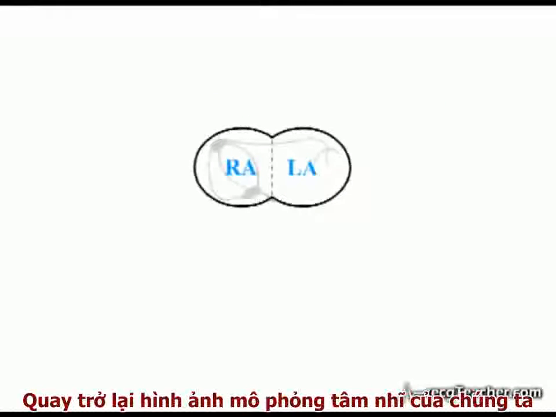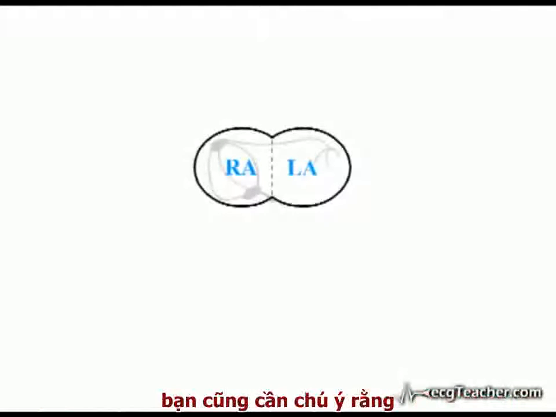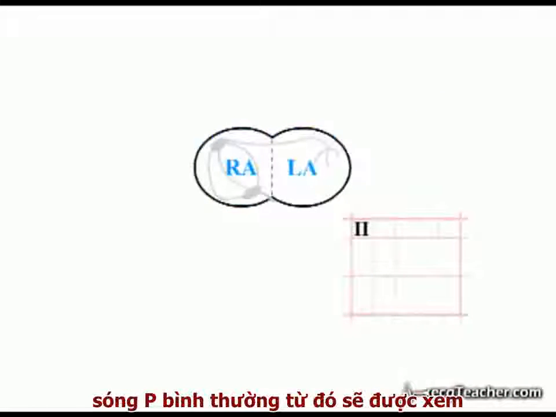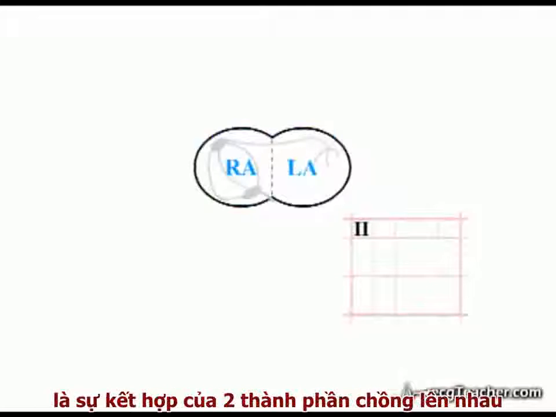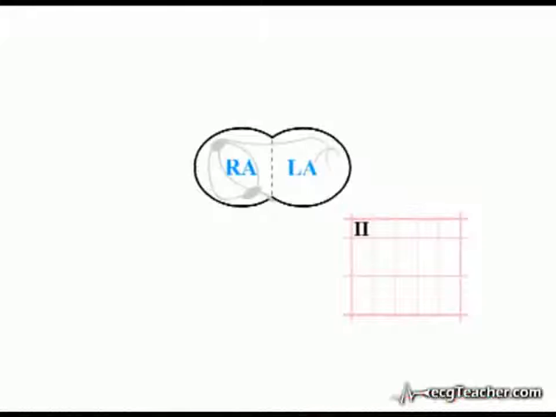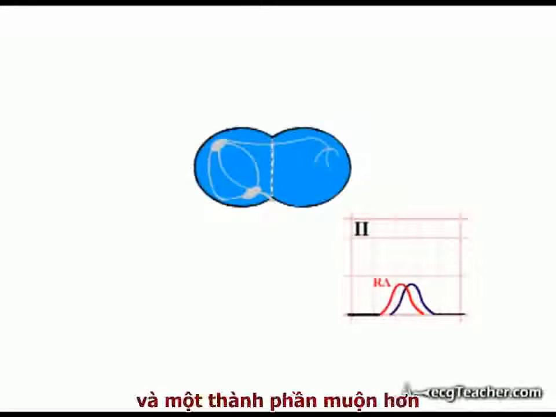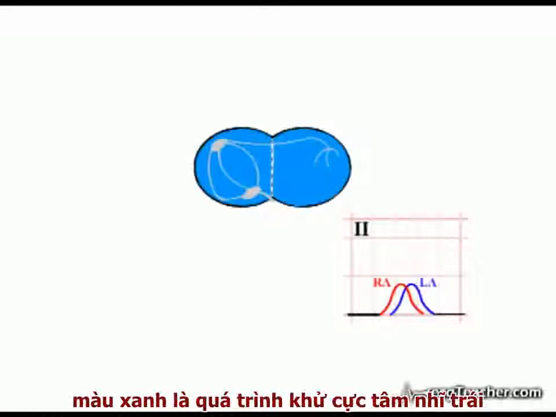Returning to our atrial schematic, you will also notice that because of the location of the SA node, depolarization of the right atrium is complete somewhat earlier than that of the left. The normal P wave, therefore, can be considered as being composed of two overlapping components. One early component, predominantly due to right atrial depolarization, and a second later component due to left atrial depolarization.